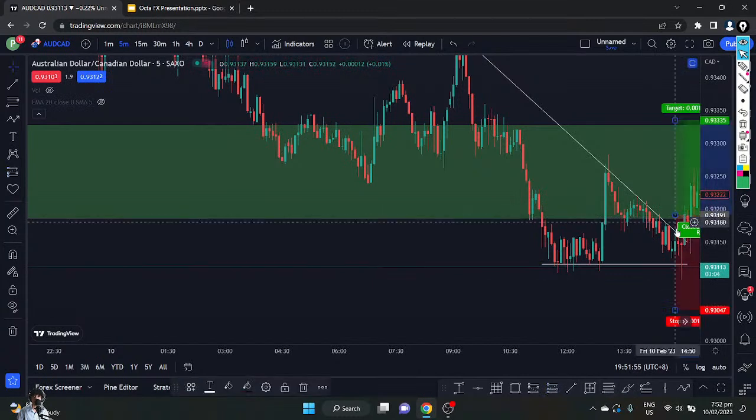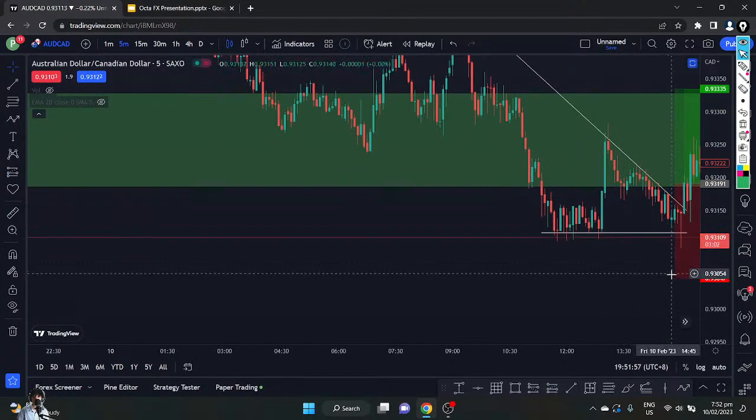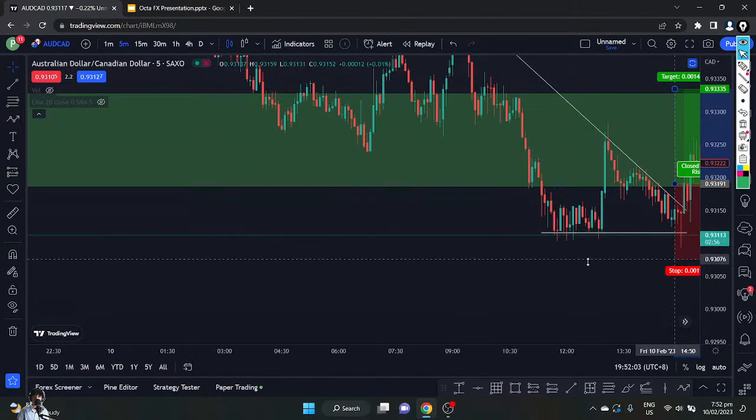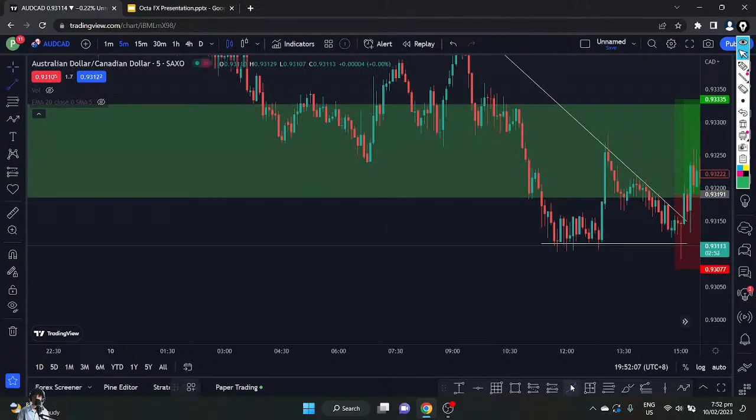So if we bought here, we can put our stop loss below this low, let's say right here. And then to incorporate the horizontal level, we can put a horizontal line at this previous high.